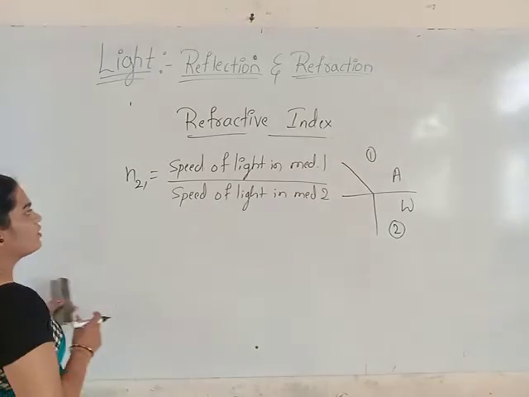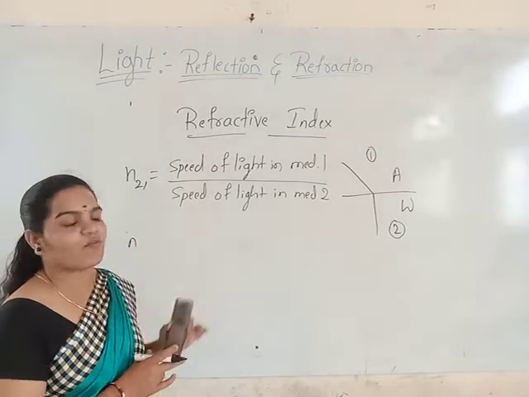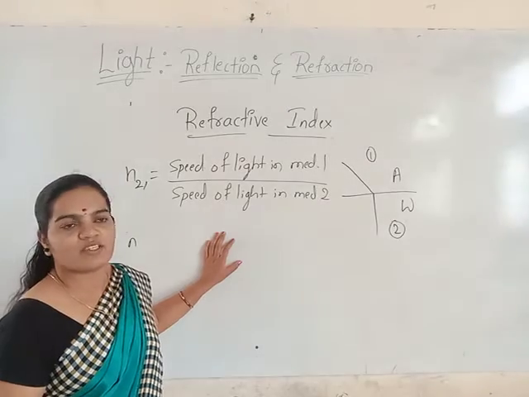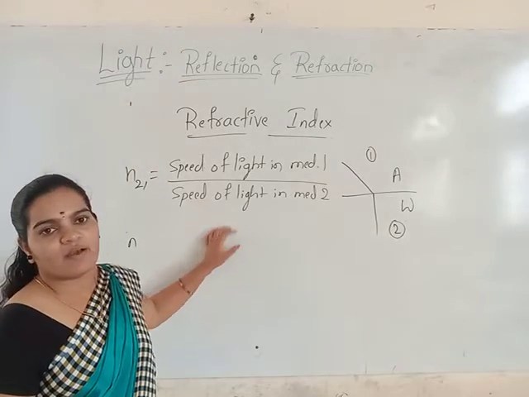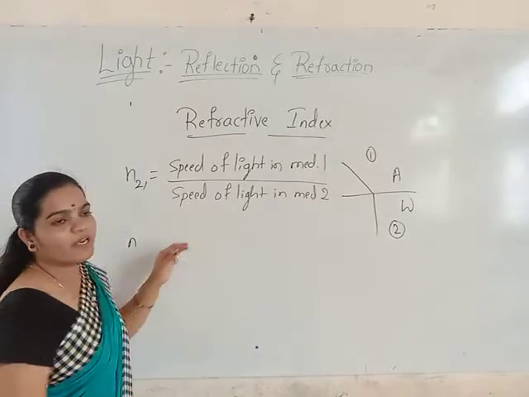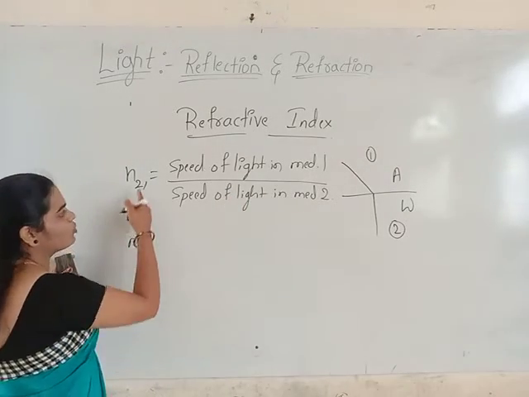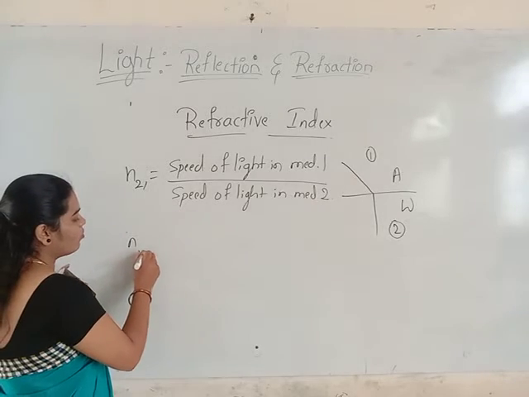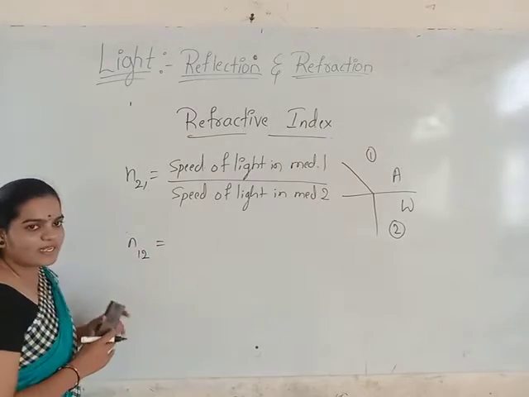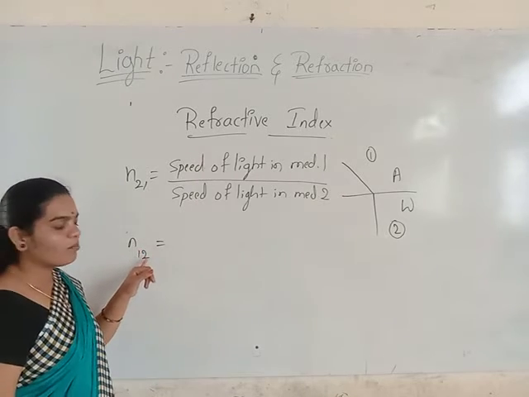Keep in mind, if I want to calculate the reverse of that, which means I want the refractive index of light in medium 1 with respect to medium 2, how are we taking n? Opposite to this, n12. What is the second medium which I have written here? That is medium 2.